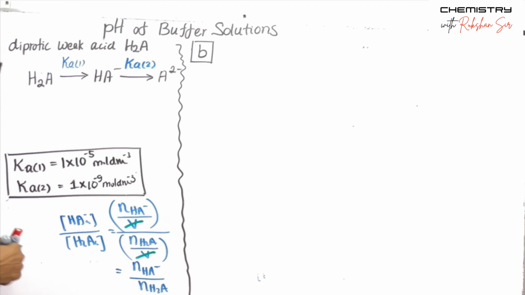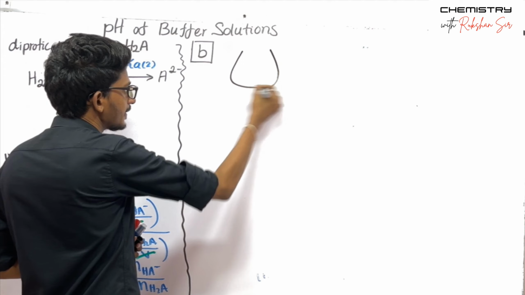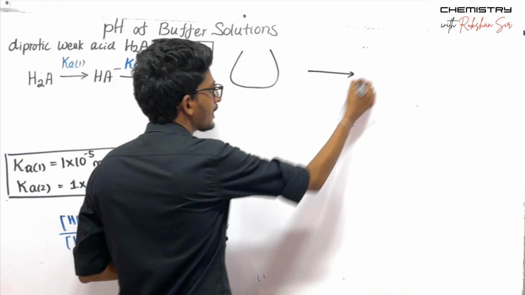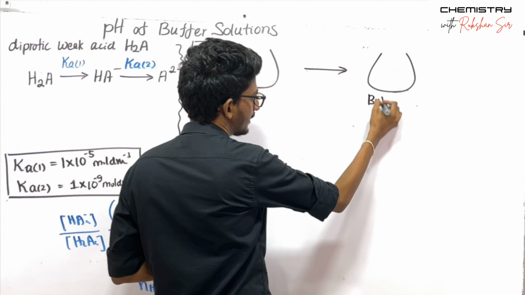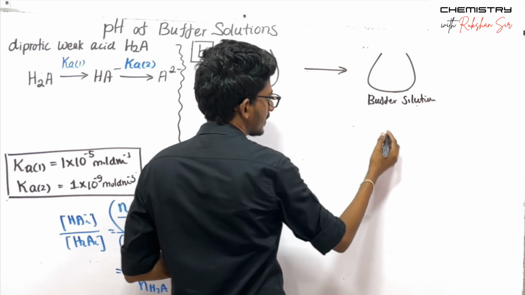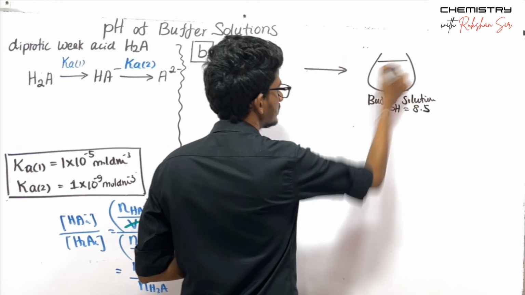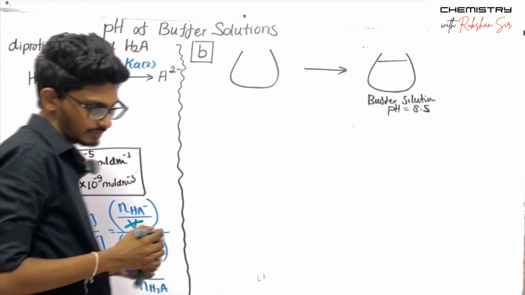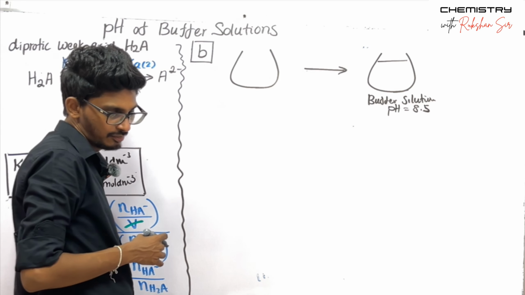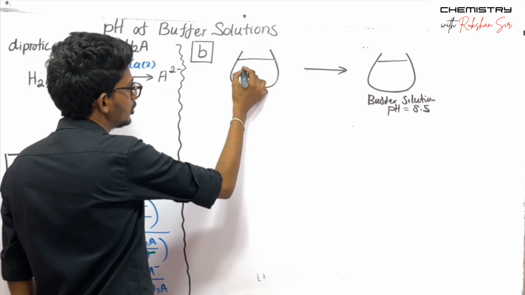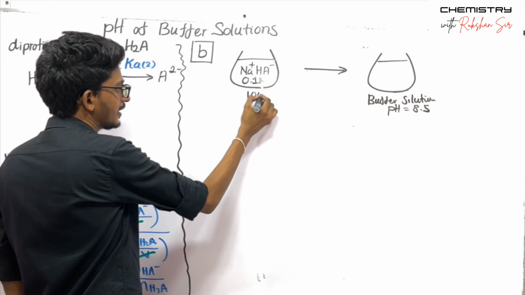So you are supposed to produce a buffer solution with pH 8.5, needed to be prepared by mixing Na2A with 100 cubic centimeters of 0.1 mole NaHA. So in the solution NaHA is there.